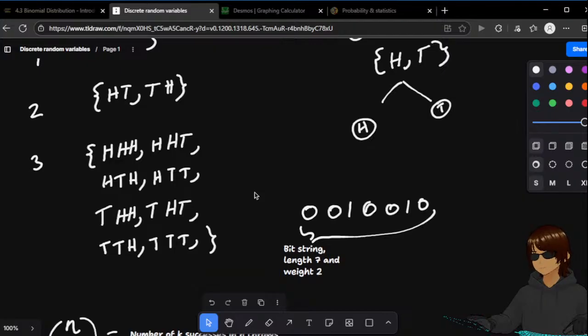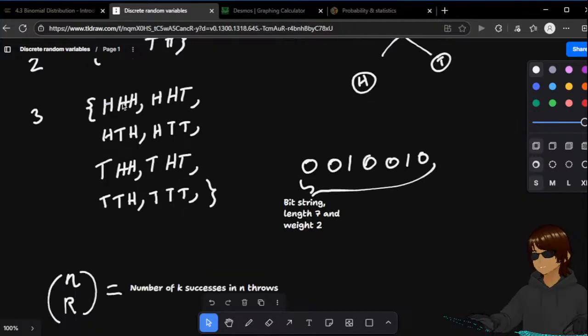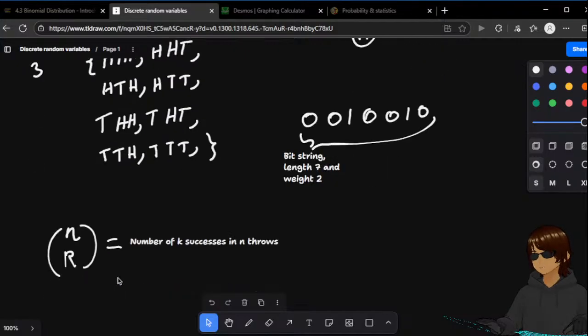Right? If n is 3, if there are 3 throws, and let's say heads is success, how many times would I get one head?